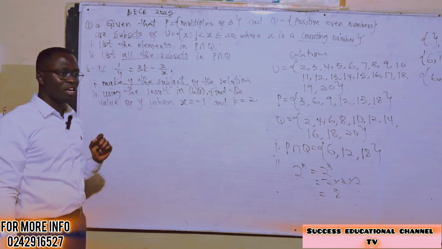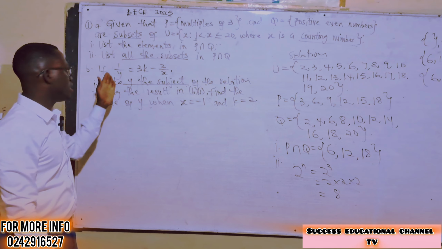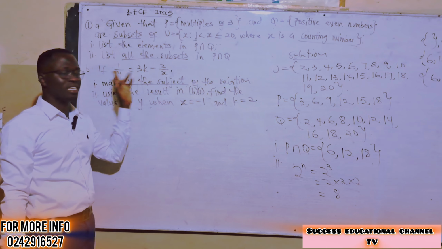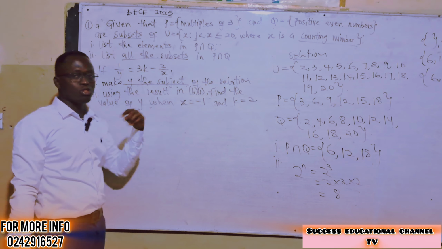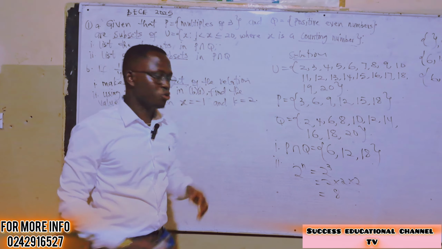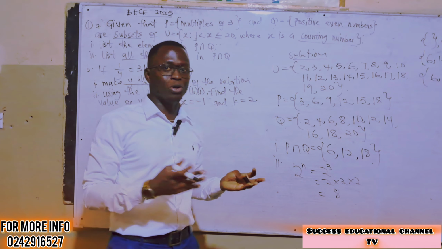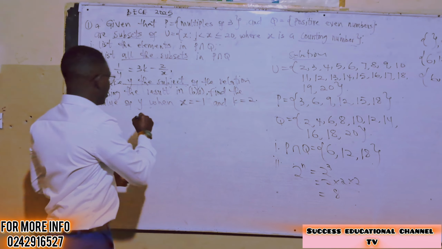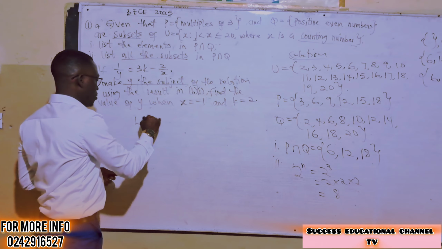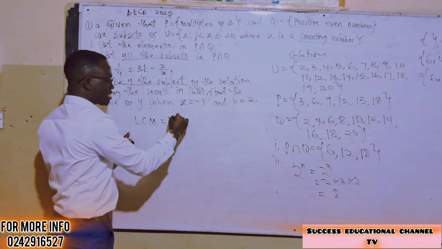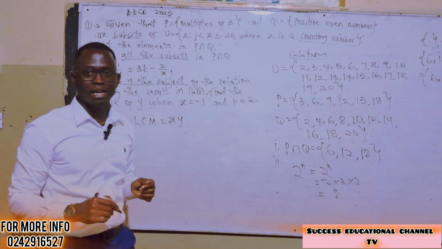Now, secondly, we need to find the LCM of the denominators. The denominators are two different variables, so the LCM of the denominators, which is also known as LCD, least common denominator, is what? x times y, which is xy.